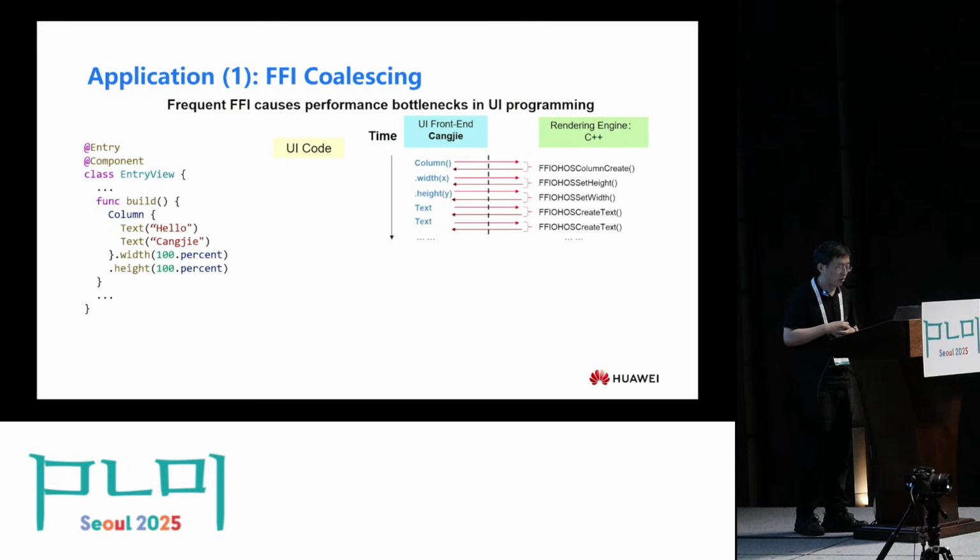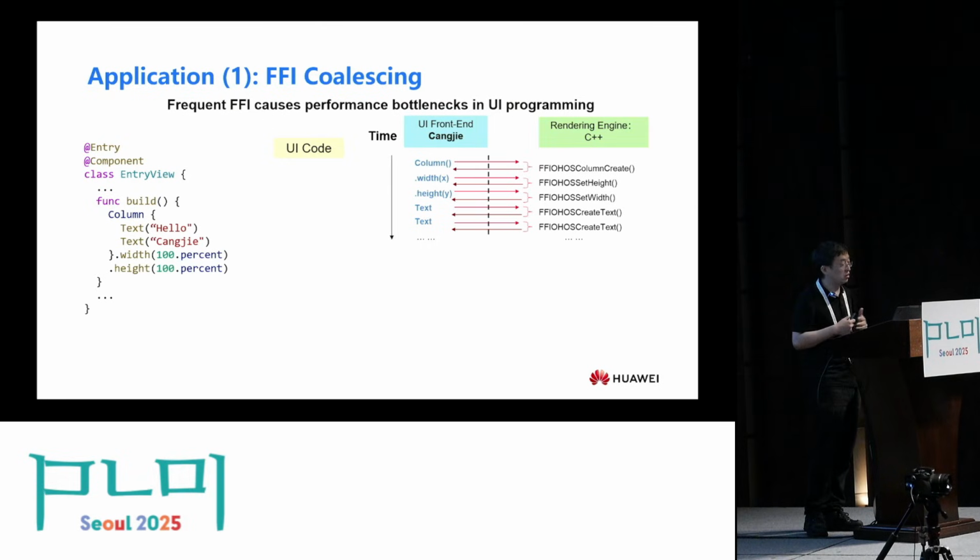In our UI programming, on the left-hand side, we write code to configure the parameters of the UI components. Actually, for each line of the code, the underlying implementation calls the native C++ code. So as you can see during the execution, we always go across the boundary between Cangjie and C++, go back and forth.